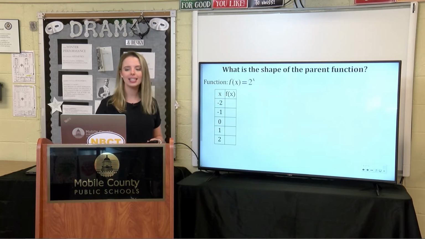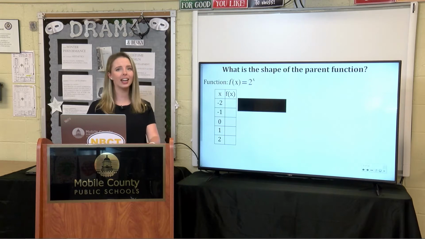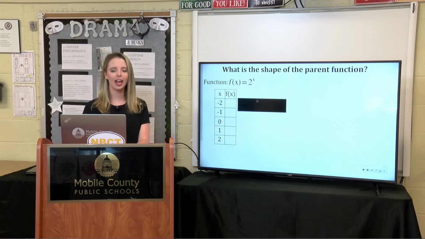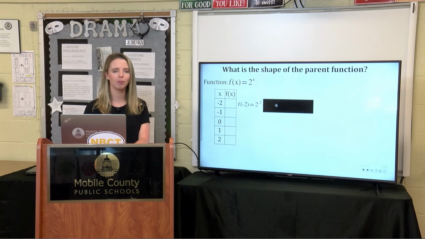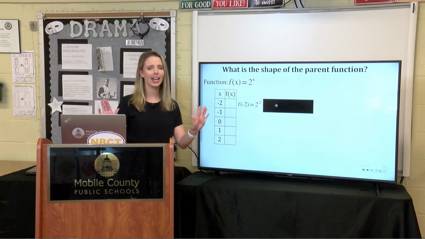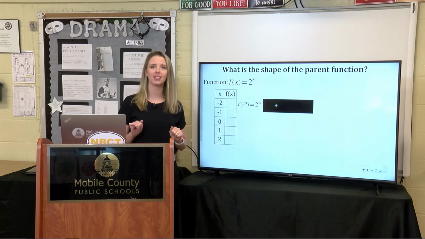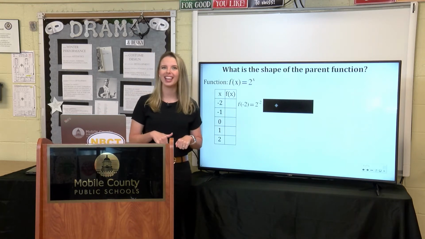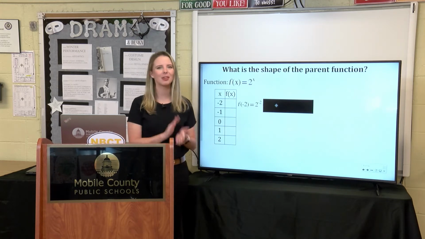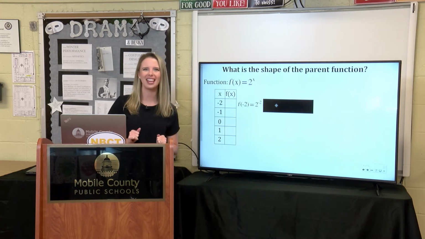So that means that instead of it saying 2 to the x, our function is going to say 2 to the -2. But that exponent is negative and it's nasty. We don't like it. So we're going back to Algebra 1 to our exponent rules. I know they're a little rusty, so we're just going to brush them off a little bit.